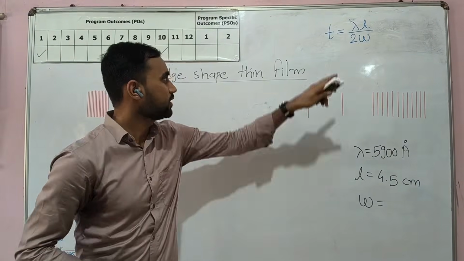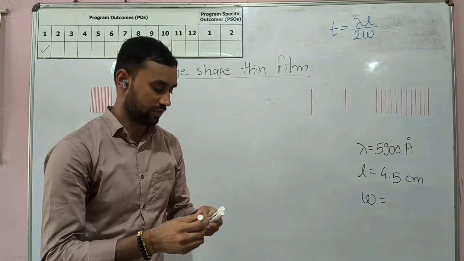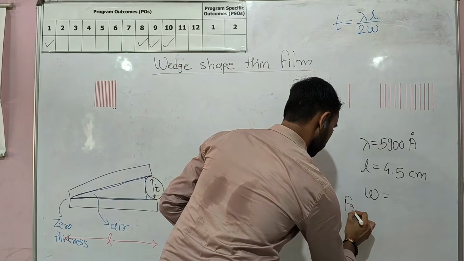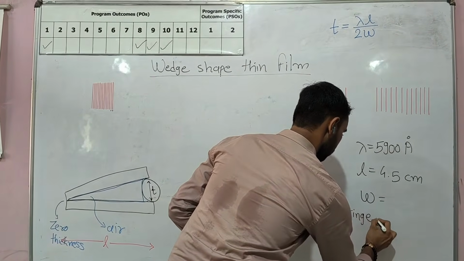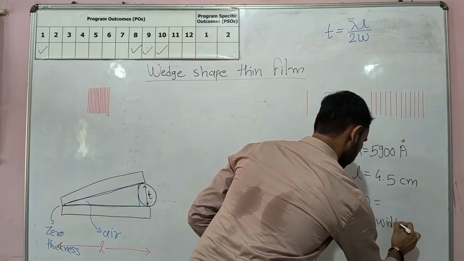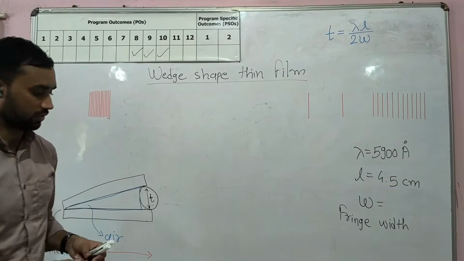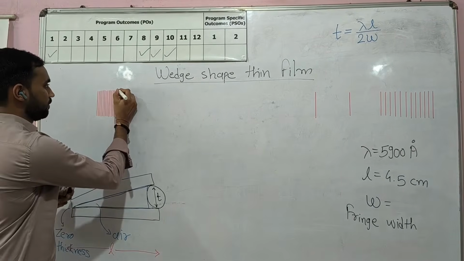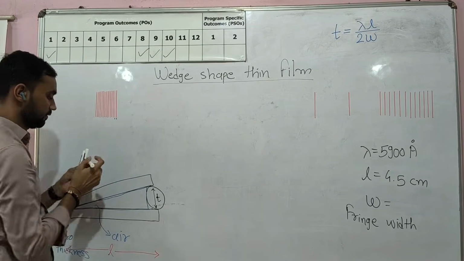Okay, what is W? It is fringe width. Let me write it down. W is fringe width. These are fringes. Among these, there are bright fringes and dark fringes.